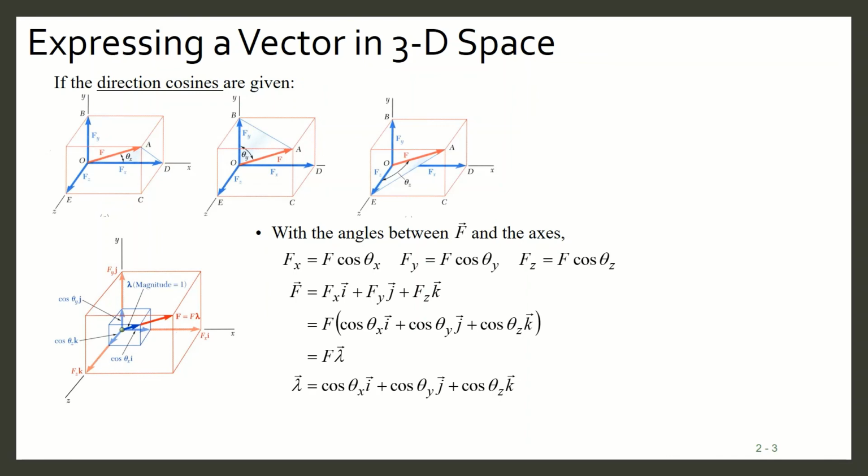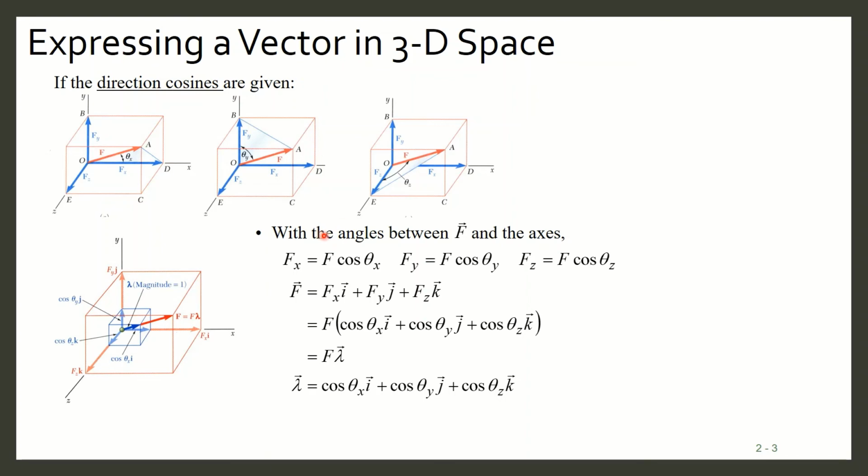Now suppose you know the direction cosines. So this vector F is inclined with the angle theta x from the x-axis, angle theta y from the y-axis, and angle theta z with the z-axis. So we know all three angles of this vector.